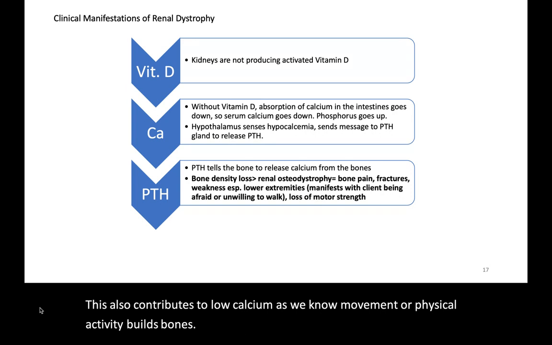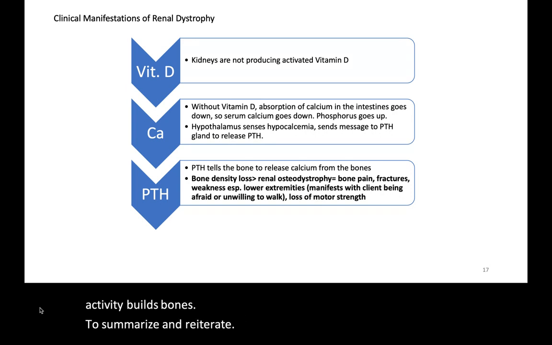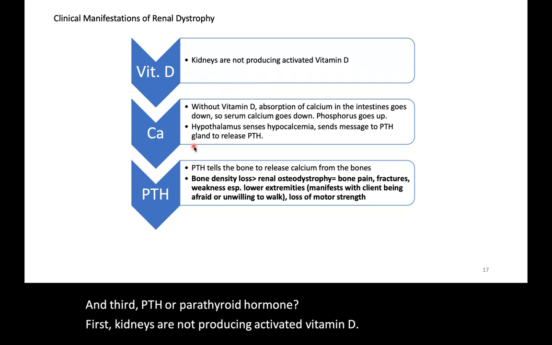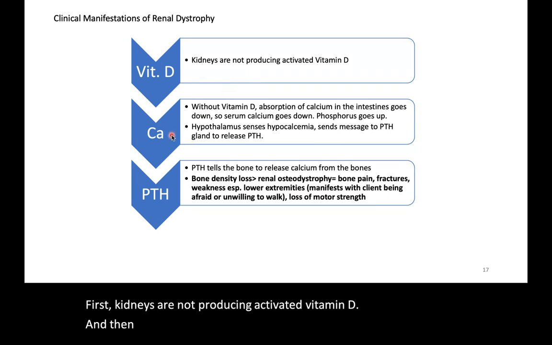To summarize and reiterate, here you see the sequential cascade of first vitamin D, second calcium, and third PTH or parathyroid hormone. So first, kidneys are not producing activated vitamin D. And then without vitamin D, absorption of calcium in the intestines goes down.